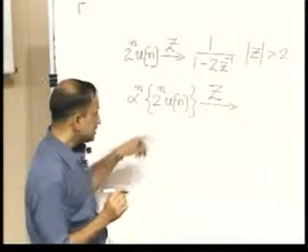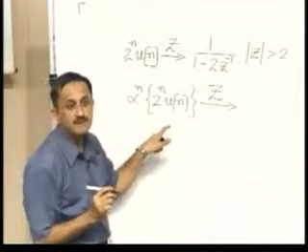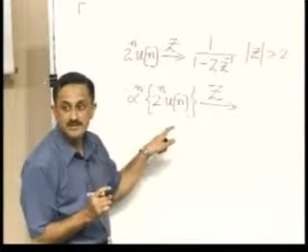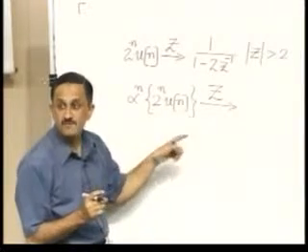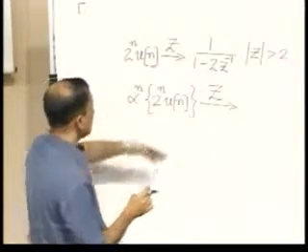Now, I have intentionally chosen this example because it is also transparent. It can be calculated independently of this property and also verified with this property. So, let us use the property first.